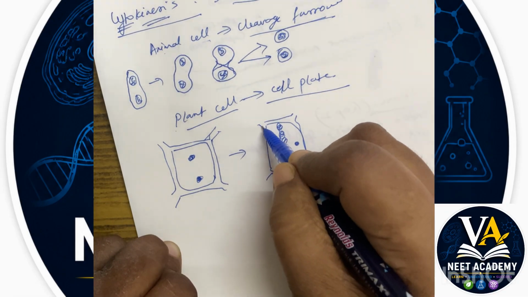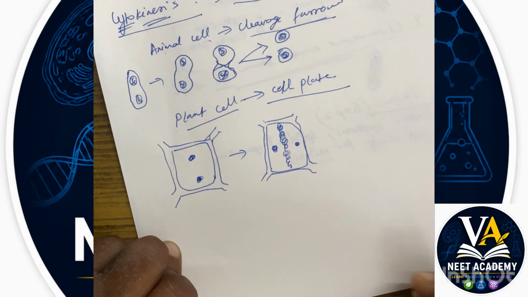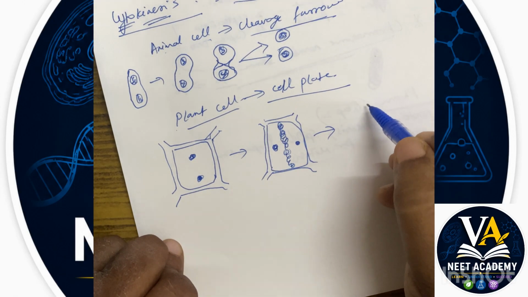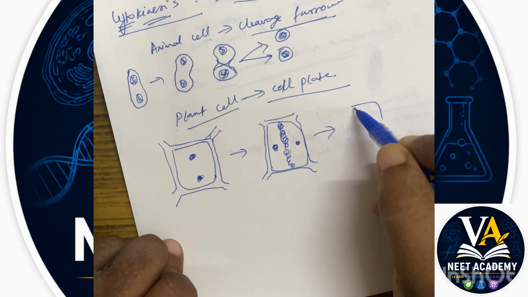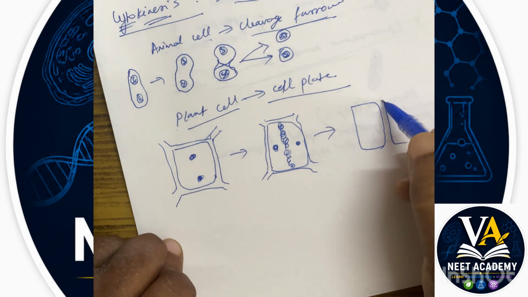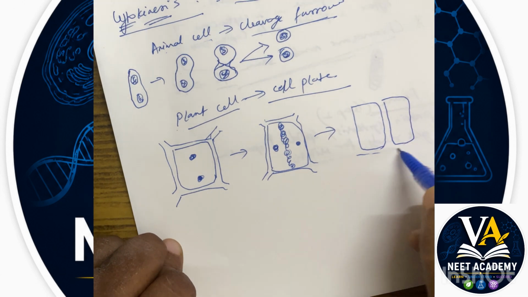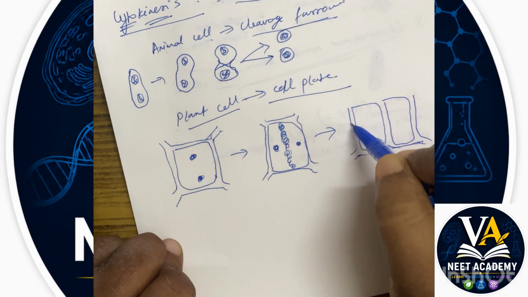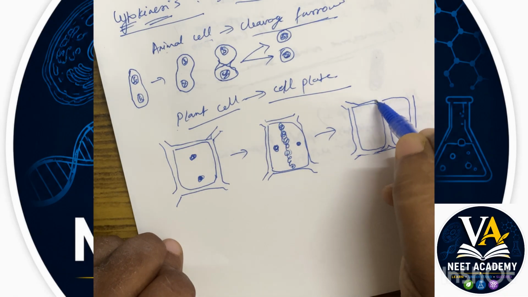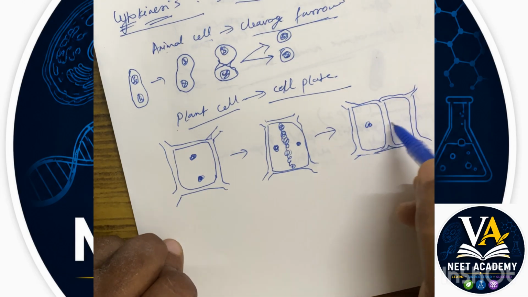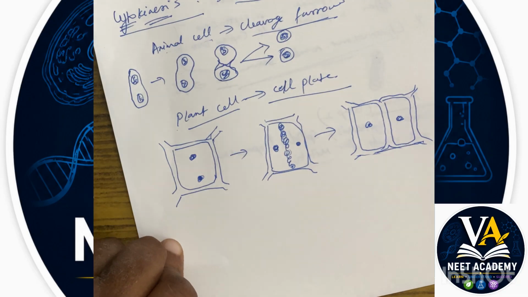The two nucleus is present here, and finally the cell plate becomes the cell wall, something like this. And the cell is divided into two.